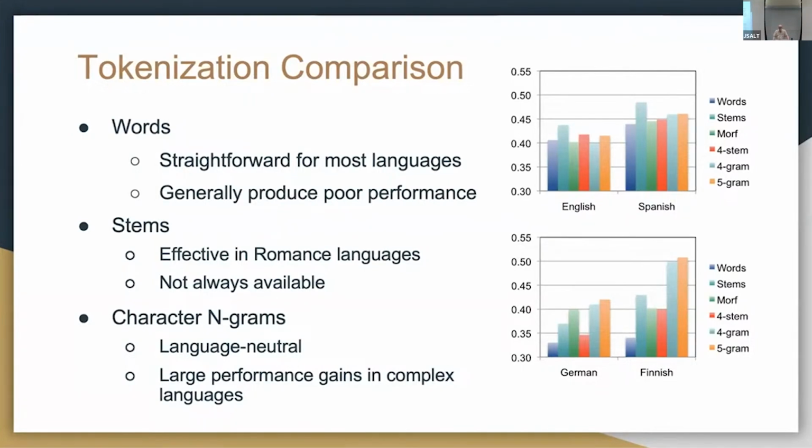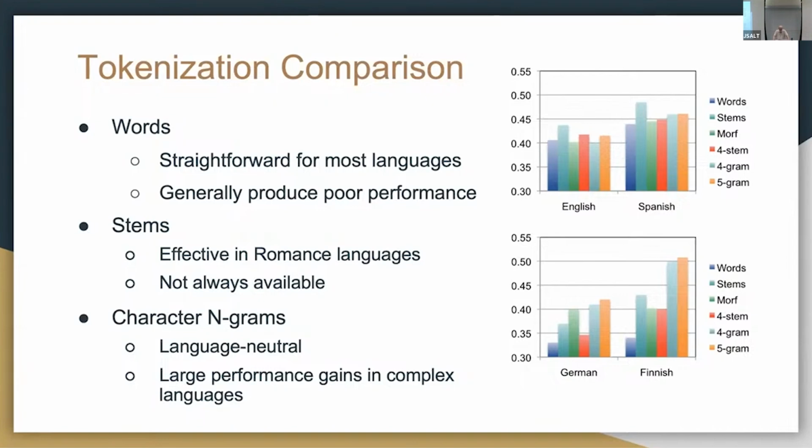So the very first one is just using words, break the words apart, you don't do anything to them. And you can see that performance is generally lower for all these languages. If you use some sort of stemming, performance gets a little better. But if you do character engram tokenization, you can see that for some languages, it doesn't really matter.